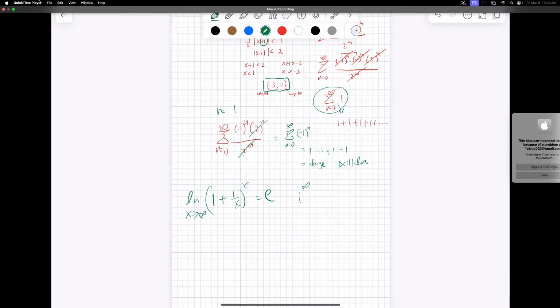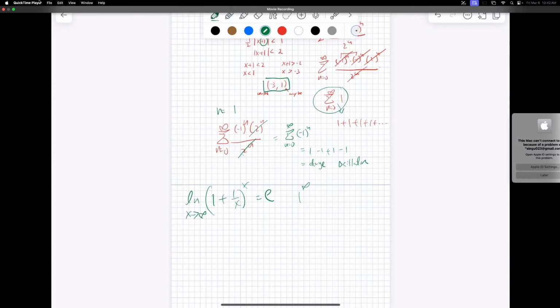So 1 to the 10th power is what? 1 to the 99th power is what? Does it matter? No. It's not e because it's not 1 plus something. But 1 to the infinity is an indeterminate form. Because with 1 plus 1 over x, there's a small number after the 1, and an infinite power accumulates it to become e.